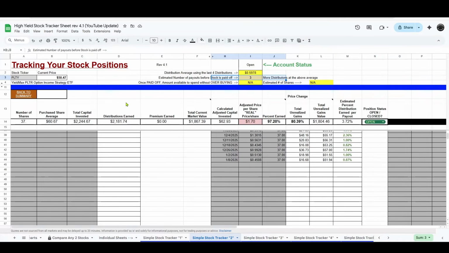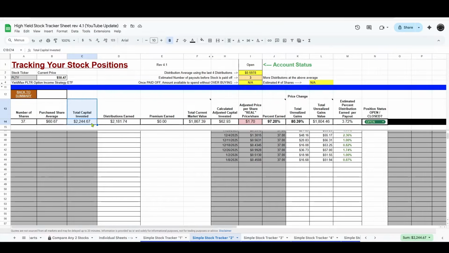I mean that the distributions I've earned would be equal to or greater than the capital I've spent. Because as you can see, just right here, the capital I've spent is a little over $2,200. But how much have I earned in distributions? Well, I've earned $2,180, right? So I am getting very, very close to making the amount that I had invested.